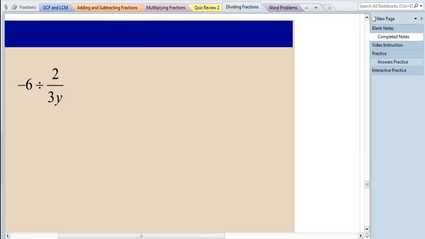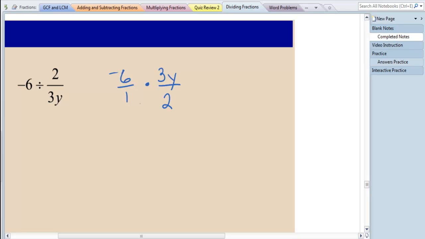Next, we're going to talk about dividing fractions that have negatives and variables in them. So this is a lot like the multiplication with fractions that had variables in them, because all we do is change it to multiplication. So I'm going to keep the -6, but I'm going to write it as a fraction, change division to multiplication, and reciprocate the fraction that follows my division symbol.